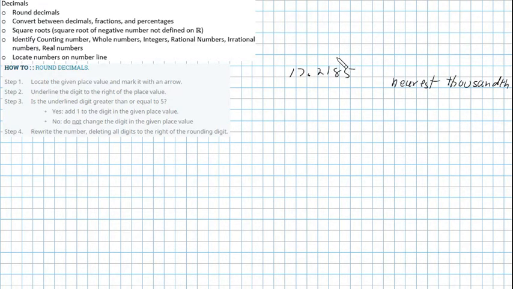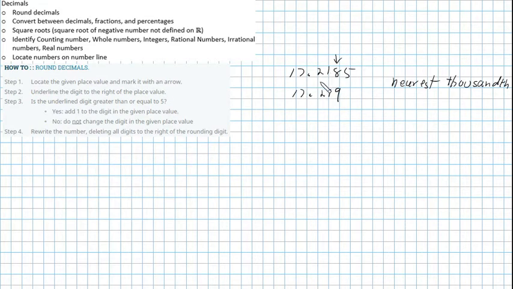So this would be the place that we'd be focused on, and we look beside it, and we see we have the number 5. So remember, the rule is if this number is 5 or greater, then we have to increase this number here. So then this becomes 17.219. So there are many other examples we could do, but if you do class with me, we'll do those in class.